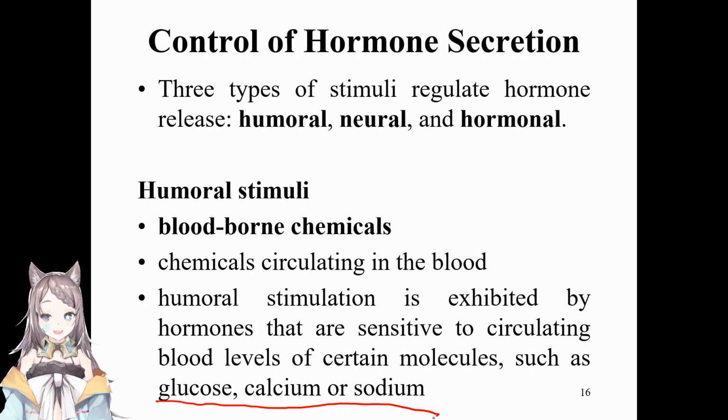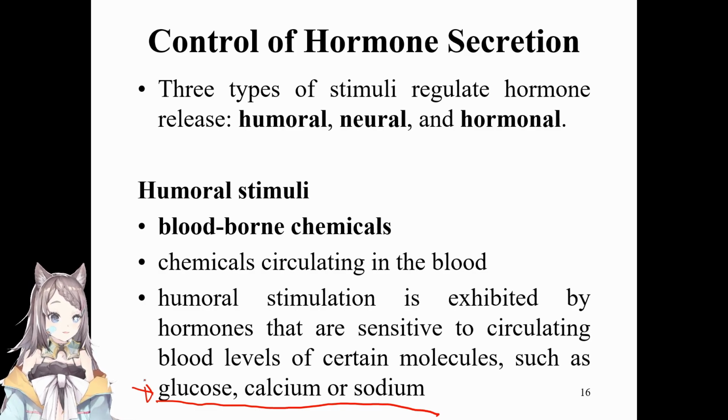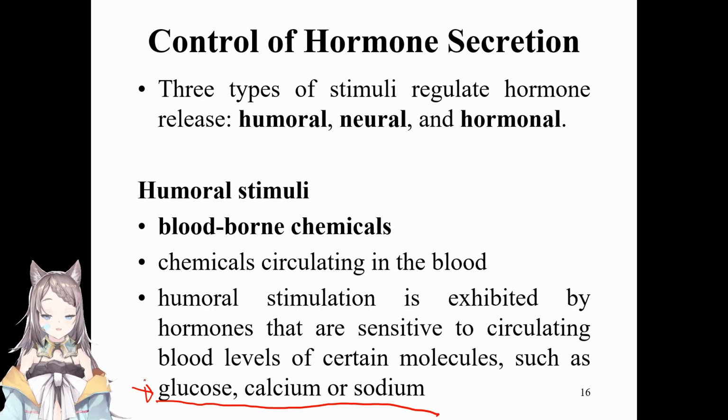Okay, so the effect of the humoral stimuli stems out of detection of these compounds in the blood. So the humoral stimuli originates from detection of chemicals in the blood.